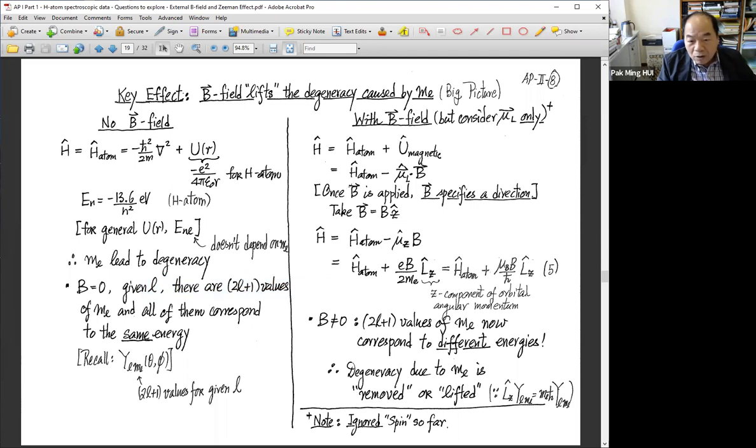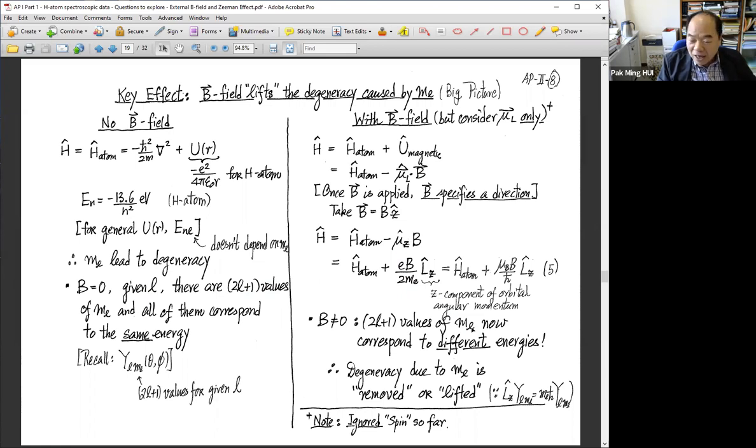But now, with the B field, we have an extra term in the Hamiltonian. The extra term is related to LZ. Thereby, with the B field, different ML will now take on different energies.